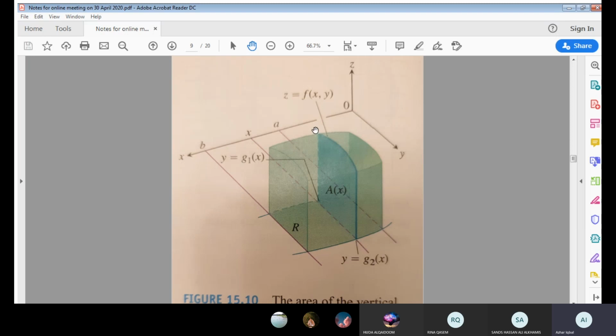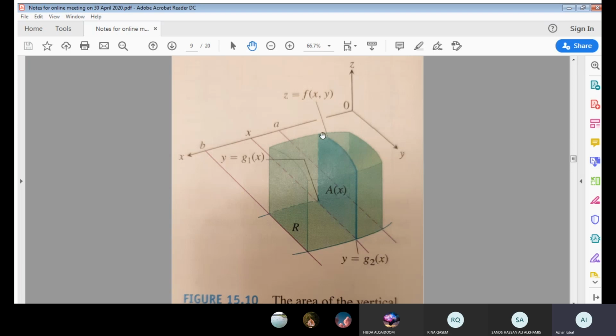So for instance, if you have a plane running parallel to the yz plane, located at the coordinate x here, when it cross-sects this solid object, it cuts out this blue cross-sectional area.